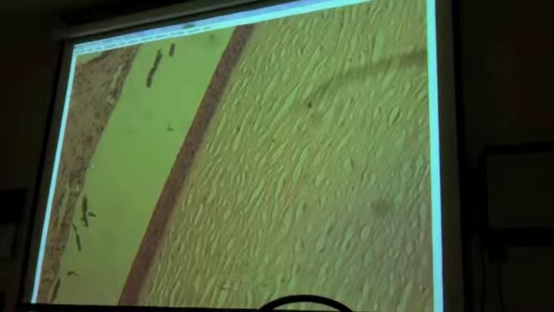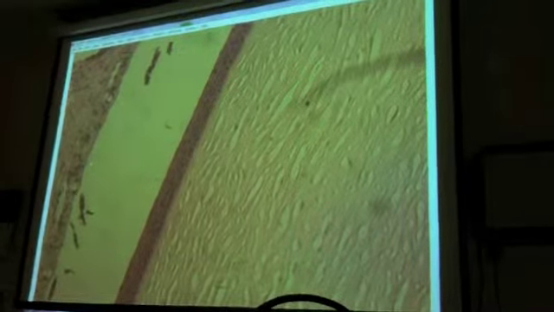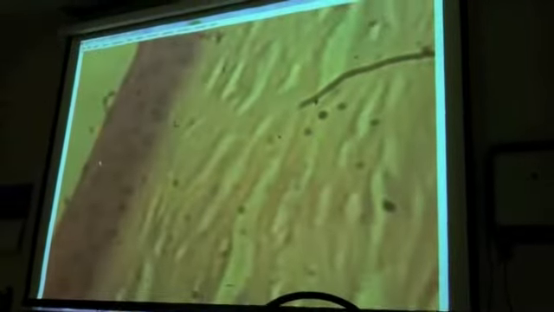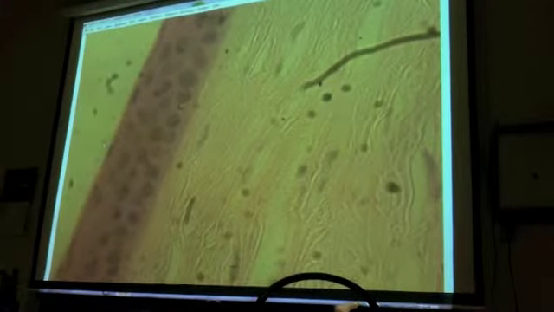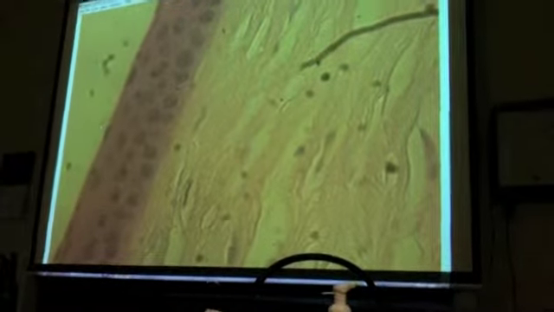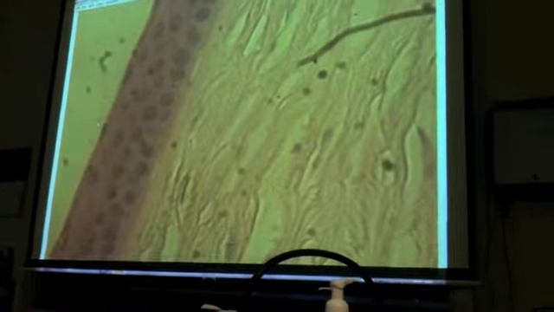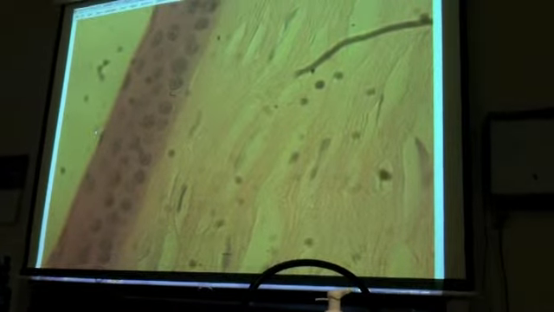And if any of you have ever scratched your eyeball, you felt pain, and that's a highly innervated epithelial membrane that's protecting your cornea. It is stratified squamous epithelium, and when you scratch your eyeball, you're disrupting that membrane.